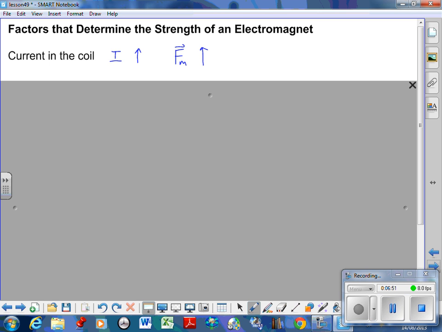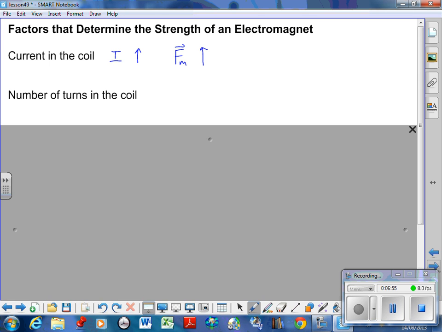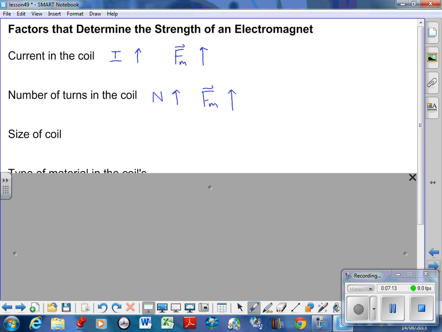So if you can put more juice into the system, you will get a stronger magnet. Number of turns in the coil. I believe it's capital N, and we're going to use that next year. If I increase the number of turns, then my magnetic force will also increase. So the more coils, the more strength.